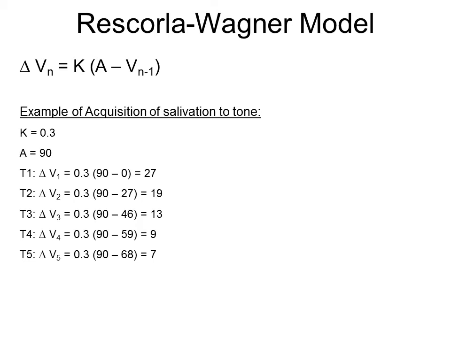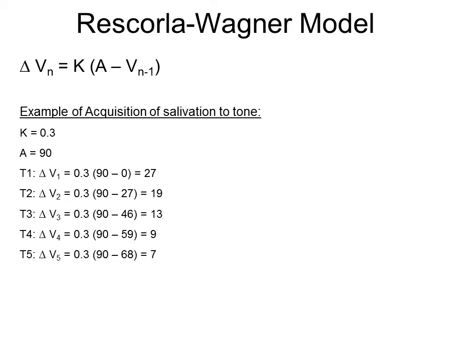And so we have now calculated the projected changes in conditioning for a Pavlovian experiment that utilizes stimuli that are projected to have a salience of about 0.3 and an asymptote of learning of around 90.